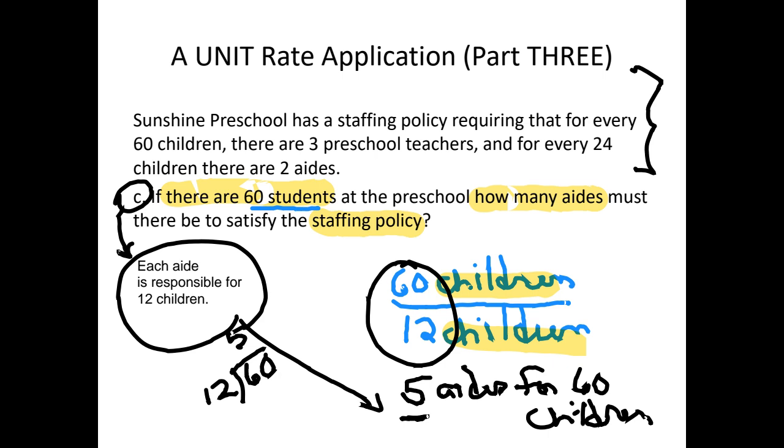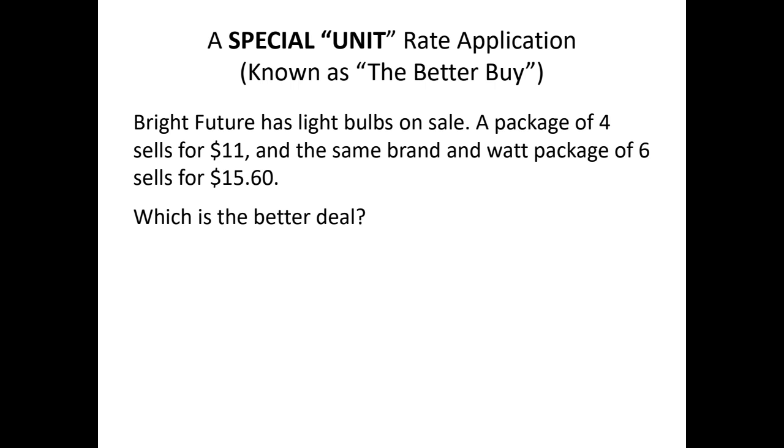Okay, this is a story problem. Now, this one is going to bring in a second type of rate. This is known as what we call the better buy. Something you need to know about a better buy: it is money divided by quantity.